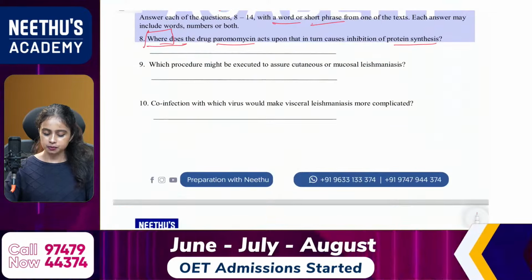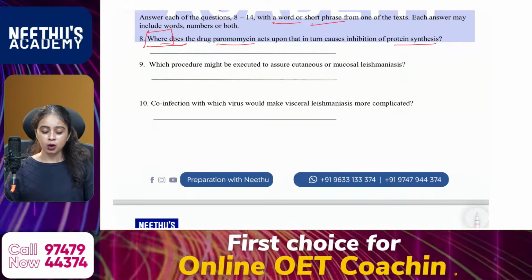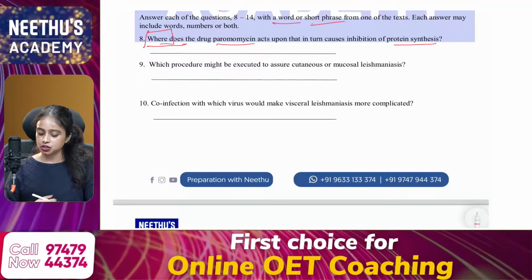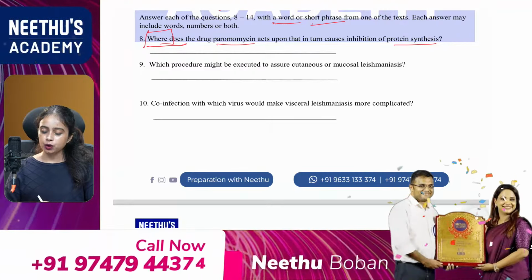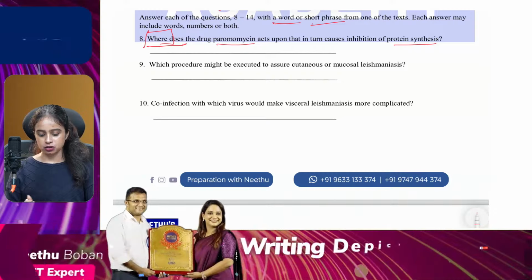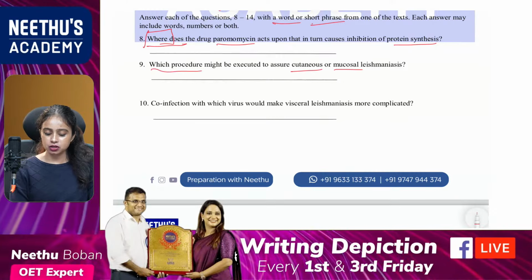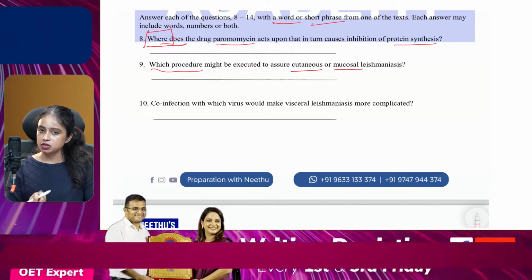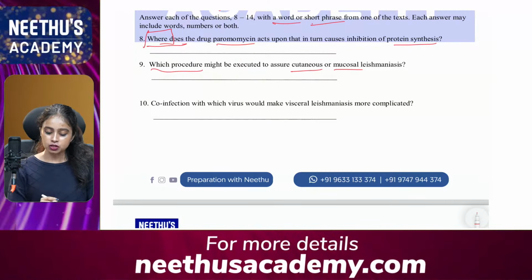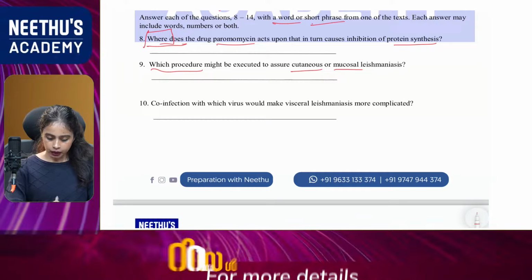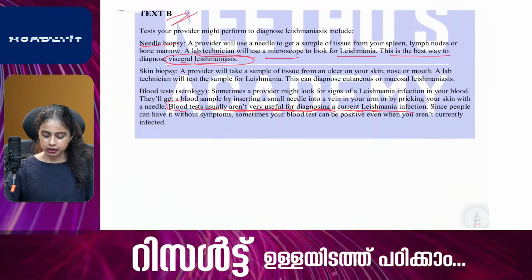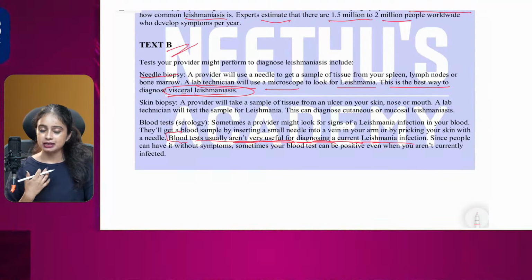Okay, next one. Ninth one, which procedure might be executed to assure cutaneous or mucosal leishmaniasis? So we need the name of the procedure. Any idea? The procedure is mentioned in text B, where different tests are mentioned.